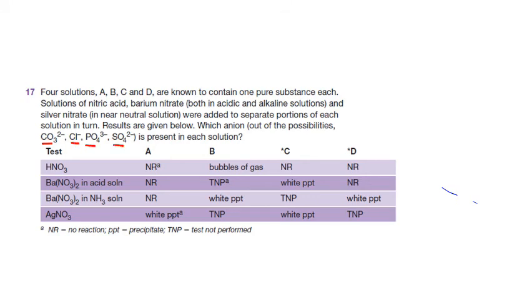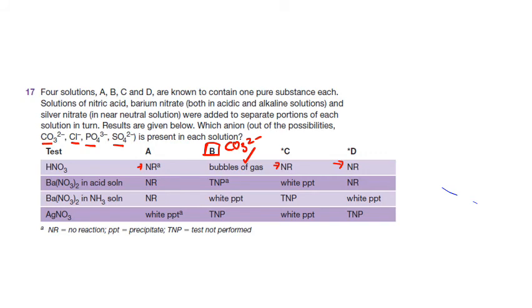Now carbonates. Now this is why we do the carbonate test first with the acid, because carbonates give a bubble of gas with nitric acid. Notice how none of the others do. Okay, so straight away I know that this is carbonate.